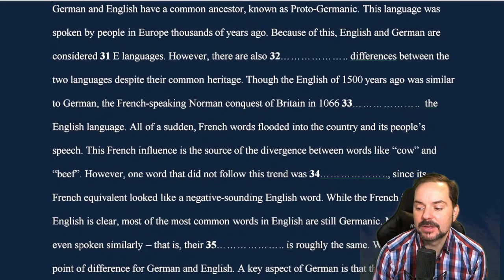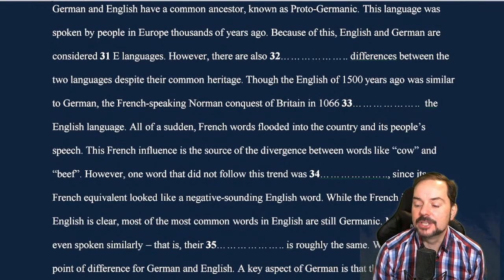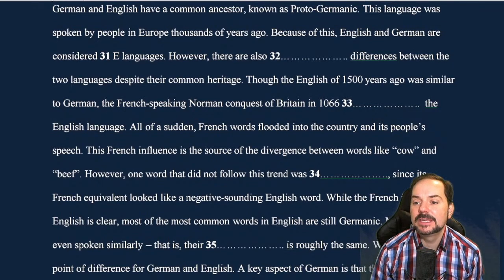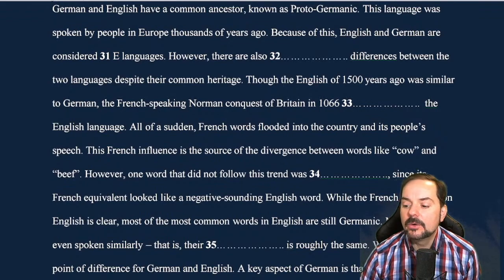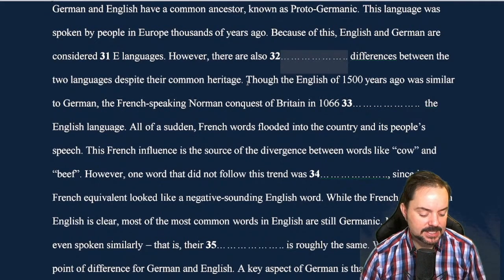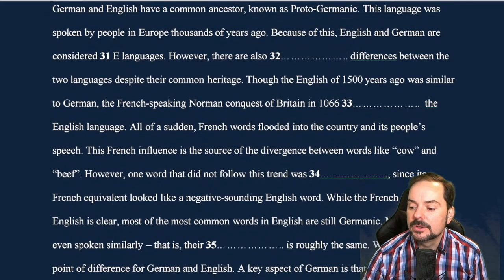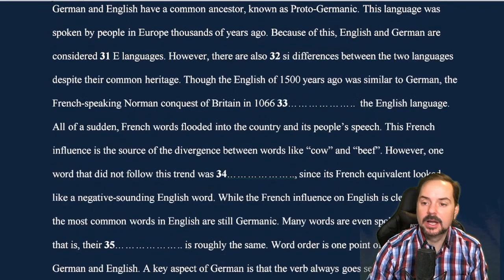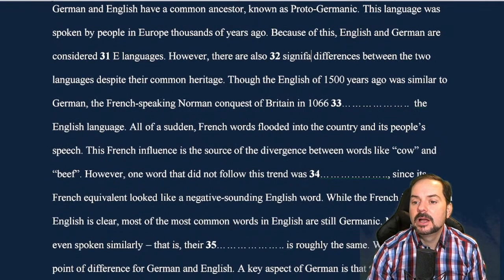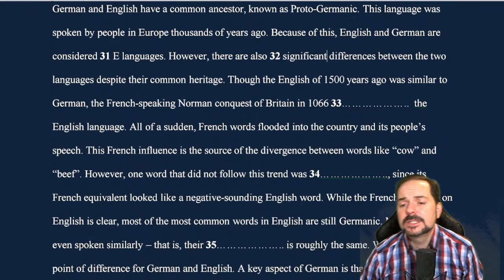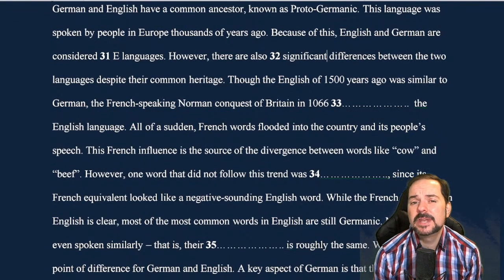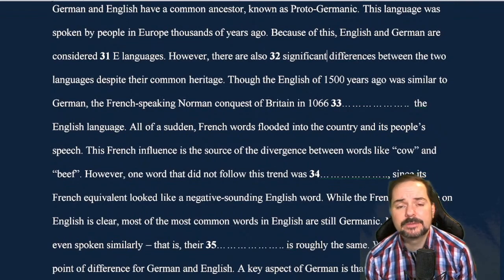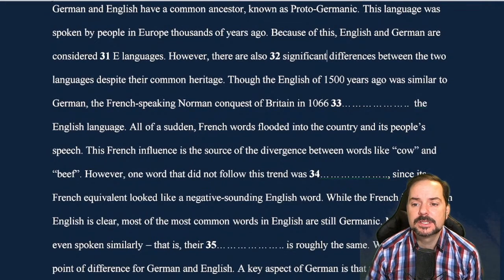Jabroni says significant differences. Yeah, or I would say important differences or key differences, any one of those, right? So phonetic differences is possible as well. Significant differences is good because there's more than just phonetic, so there's grammatical, there's word differences, so there's some important differences, right?